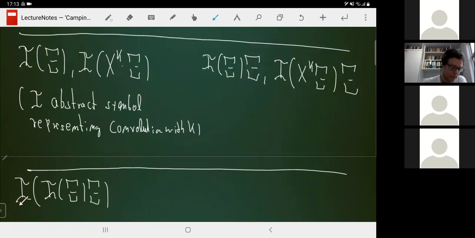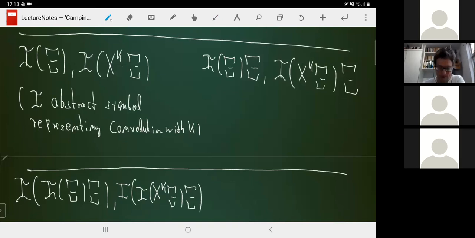For the convolution, we take this abstract symbol I. And this also, convolution with the heat kernel, which is I of x to the k xi. And then we continue. To get the right-hand side, we multiply this and this with xi. Okay. It's more or less clear, the logic.